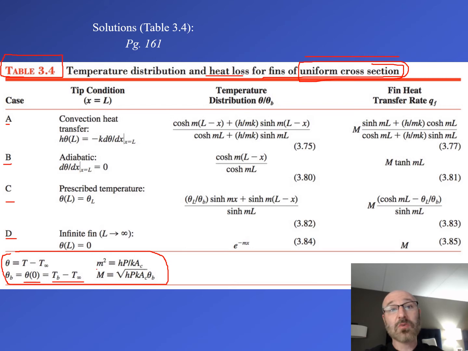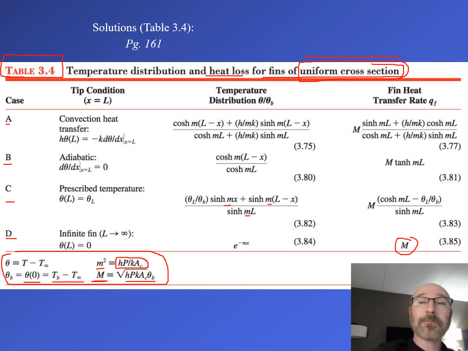Our m squared, lowercase m squared, is hP over kAc. And our capital M is the square root of hPkAc theta b. So all of these go in there, and that makes it easier in our table just to have a single variable rather than complicating even more, especially when we're talking about big equations that have a lot of those variables embedded in them.